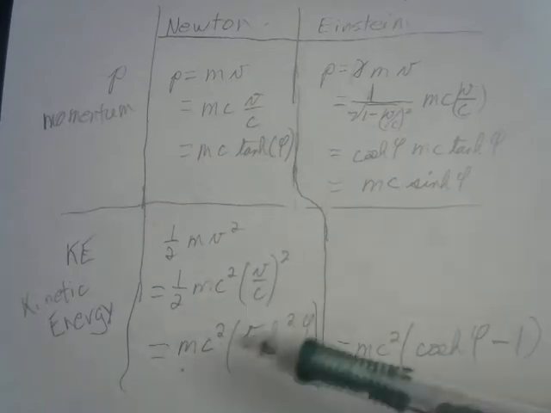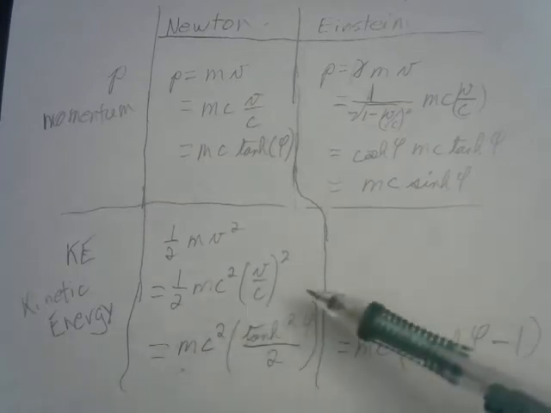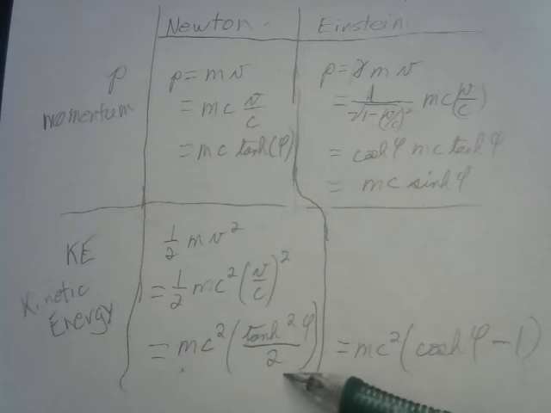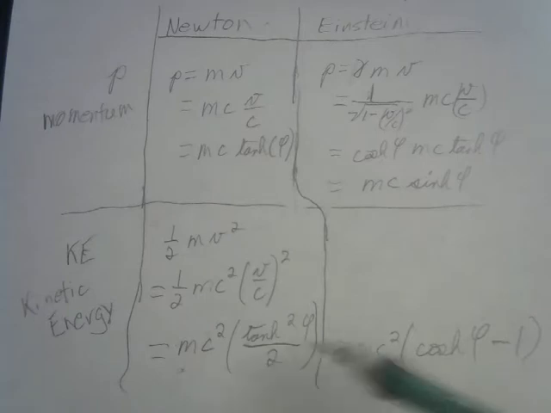Because if you look at this one, mc squared times cosh phi, there is no sense that there is a rest mass or a rest energy, because we're not subtracting anything for cosh 0. In this case, this is cosh phi final minus cosh of 0.